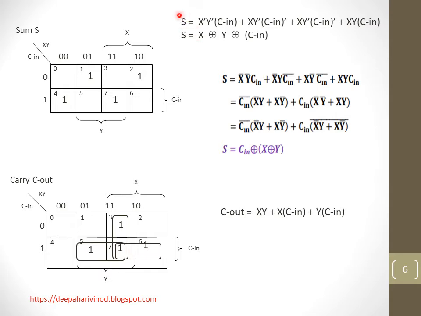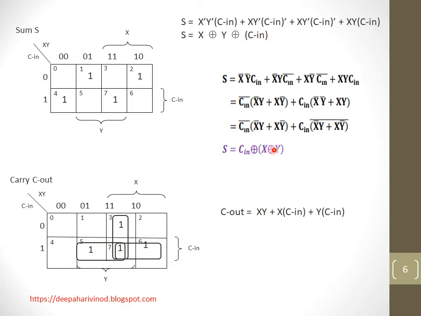write the equation for S directly from the truth table by using the literals, so S equals x bar y c in bar plus x bar y c in bar plus x y bar c in bar plus x y c in. Once we get this equation, we rearrange, take the common terms and bring it into the format like x XOR y XOR c in.